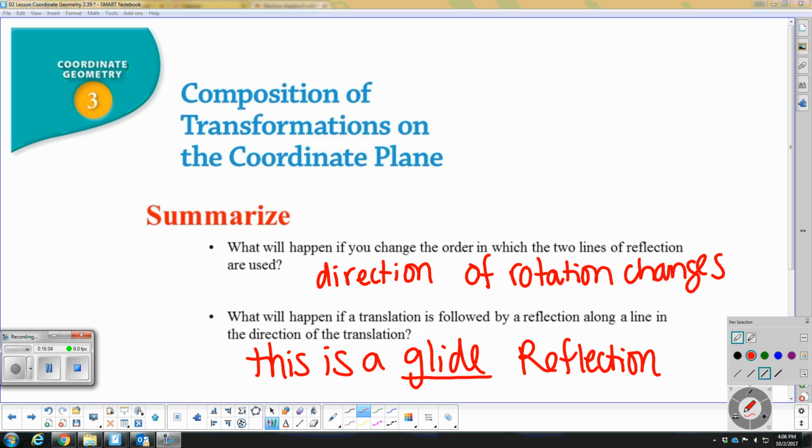So this new term, glide reflection, is the result of a reflection and then a translation. With this, you could still identify a line of reflection.